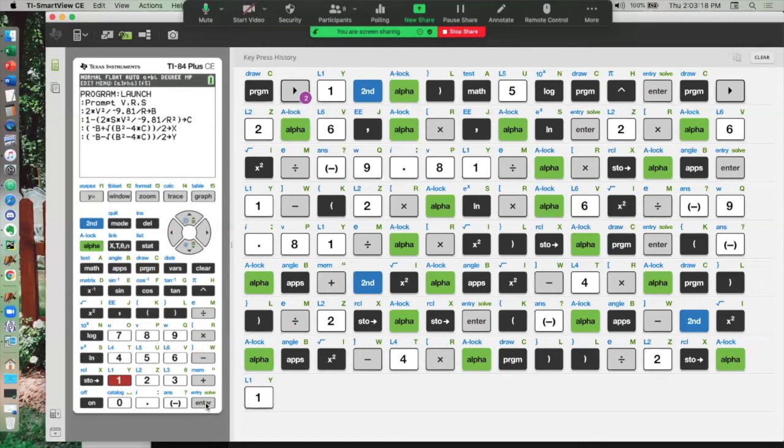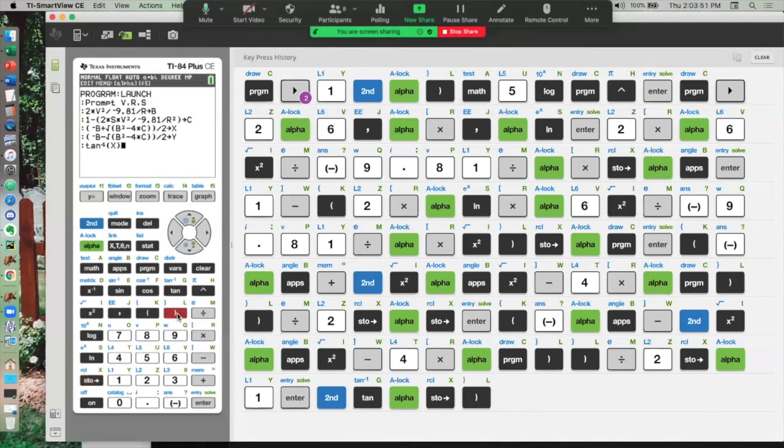My x and y are actually tangent of theta, though, right? So now I have to find the inverse tangent of each one. So I'm going to do second tangent of alpha x.